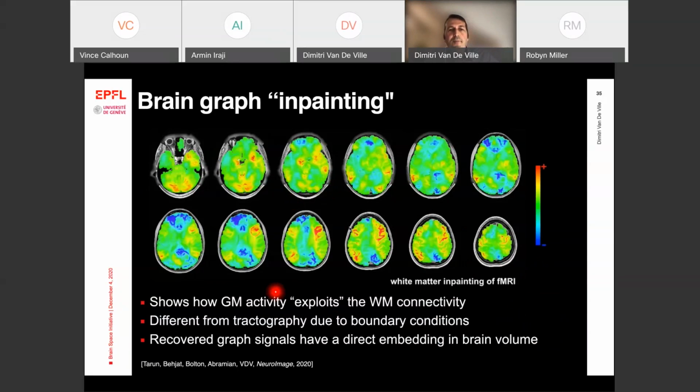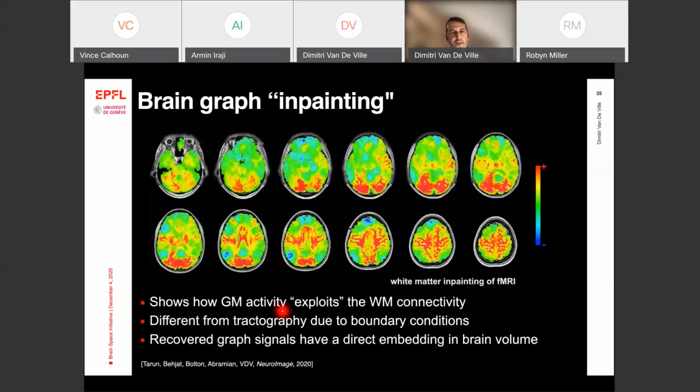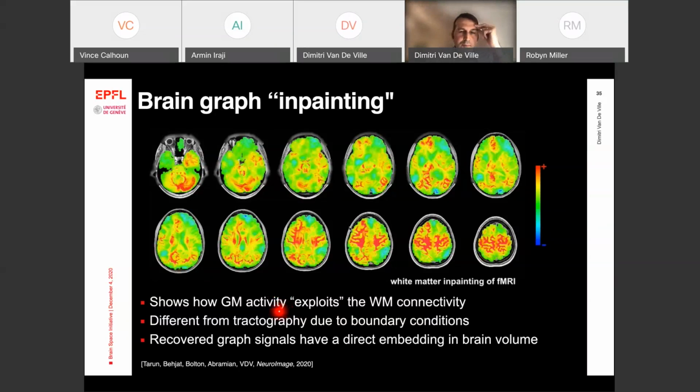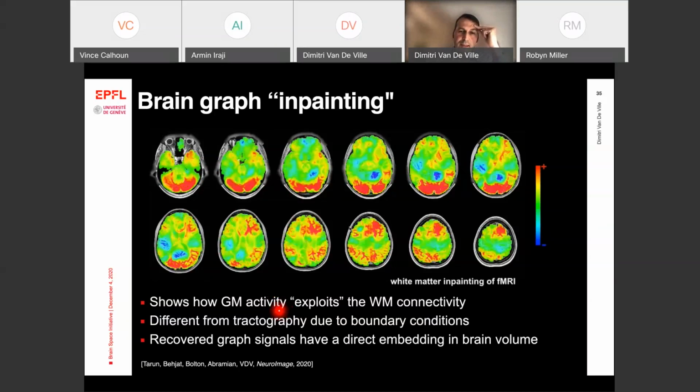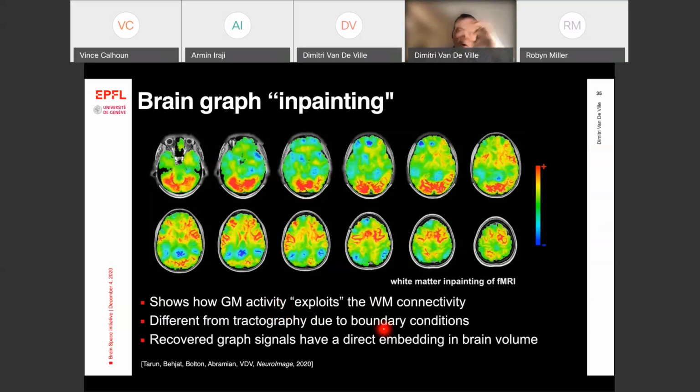And it's maybe important to say that the way we solve the inpainting problem is different from tractography, because it's the whole pattern on all of the gray matter that makes up the boundary conditions and that will actually influence what is recovered on the white matter.